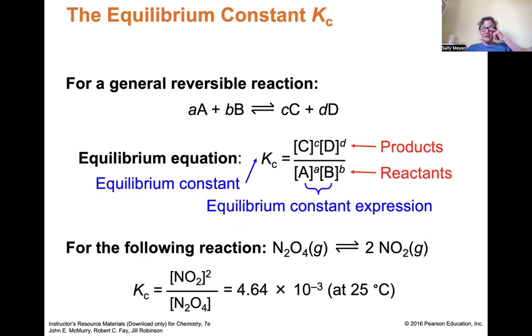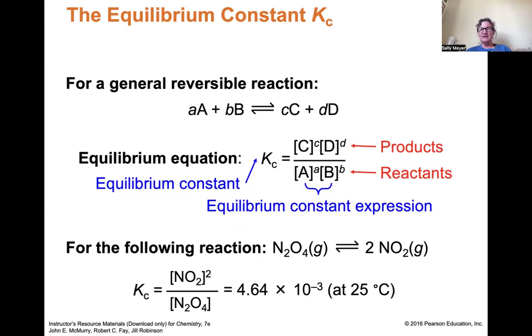For a general reversible reaction, the reaction has to be able to go forward and backwards. If we think back to radioactive decay, those processes aren't reversible. They go in one direction and the process doesn't reverse. So this idea of equilibrium is only true if you're talking about reversible processes.